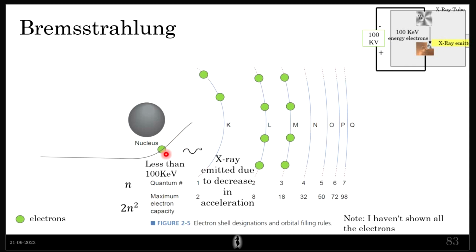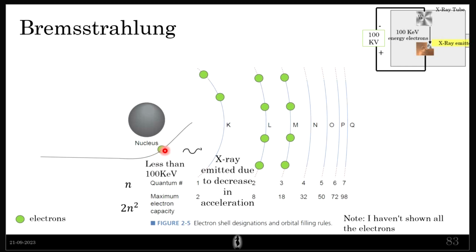So this is not characteristic because this is not dependent on the element, rather this is dependent on the path. So it is possible that you get the same X-ray energy with two different elements, and hence this is not characteristic.